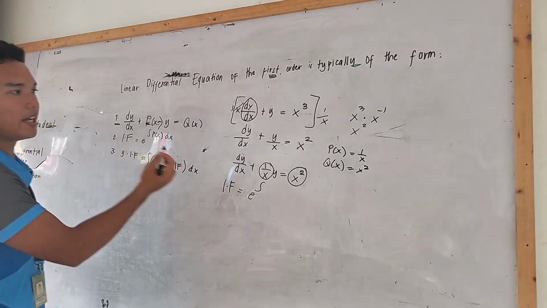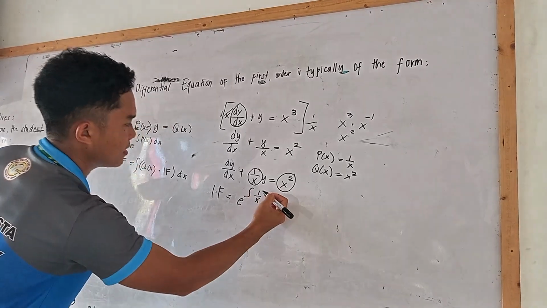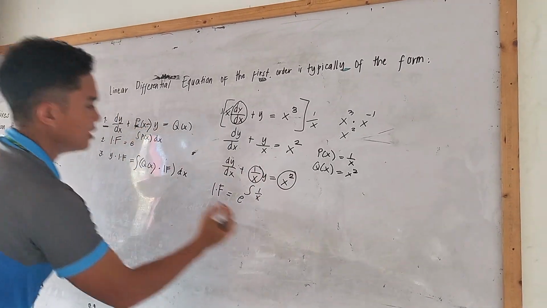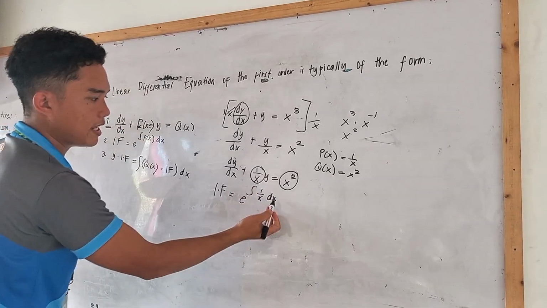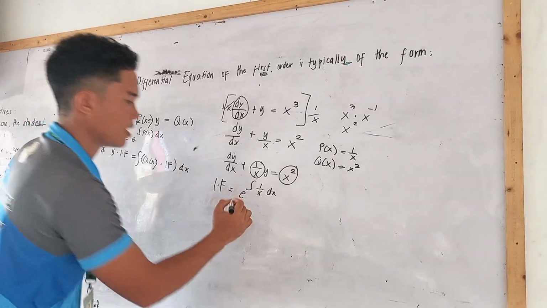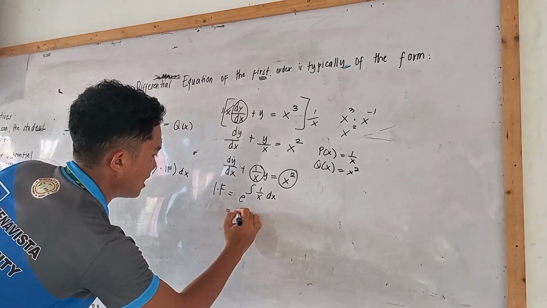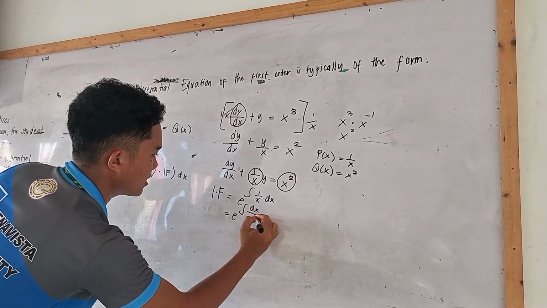So what is our p of x? We have 1 over x, then dx. Since dx times 1 is automatically dx, we will write that as e to the integration of dx over x.